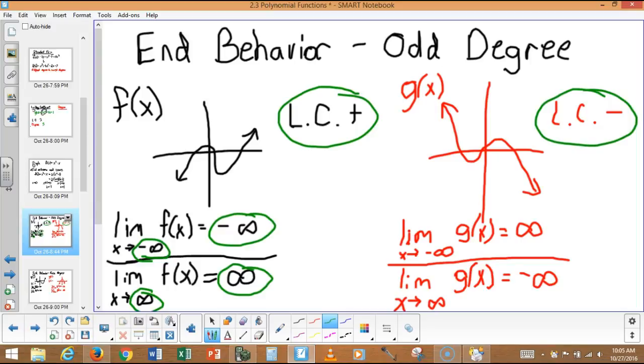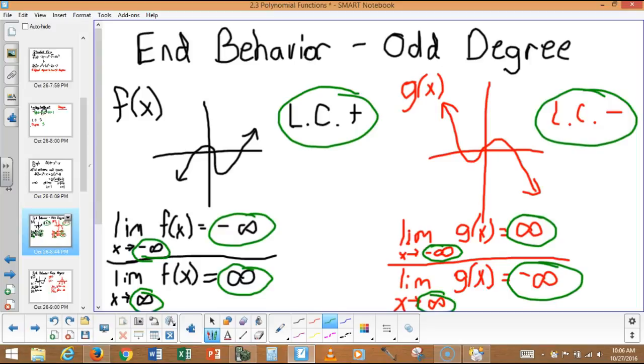Okay? That is the case if the leading coefficient, the number in front of our highest degree term, is positive. Now, if the leading coefficient is negative, we can see our graph is slightly different. As our x values approach -infinity, as our graph is going to the left, our y values are approaching positive infinity. The y values are increasing. As our x values approach infinity, as they go to the right, we can see our y values approach -infinity.